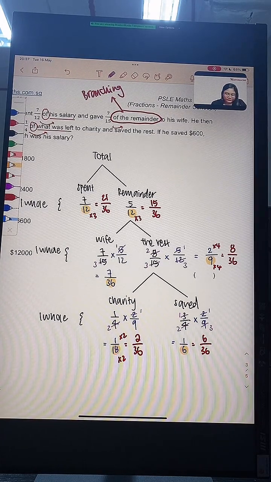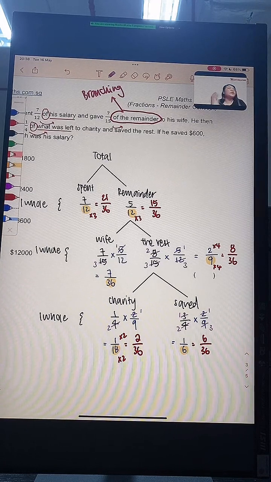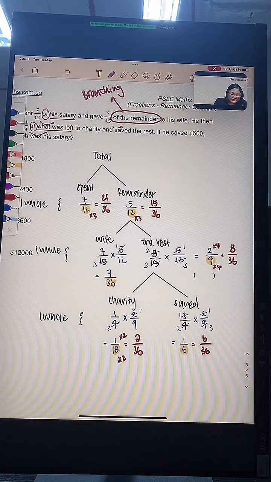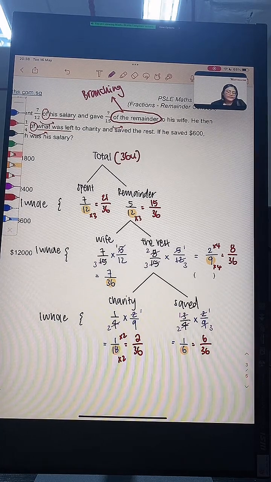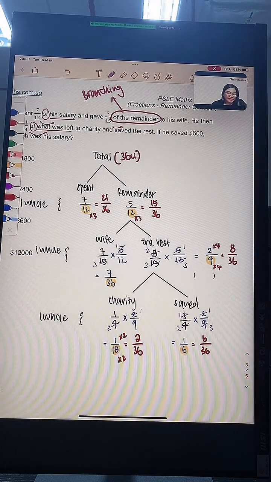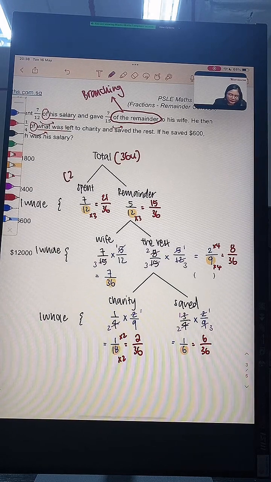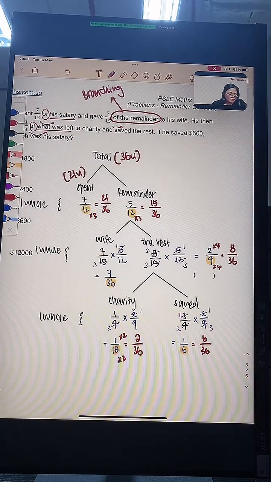So what we can do here is, we know that the total is going to be 36 units, so we can write units all over. Total is 36 units, all my denominators. He spent 21 units. The numerator here is 21.